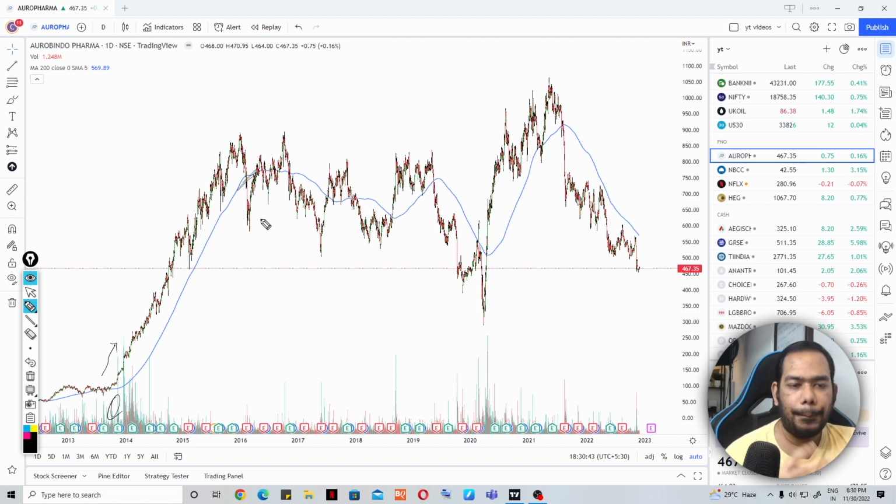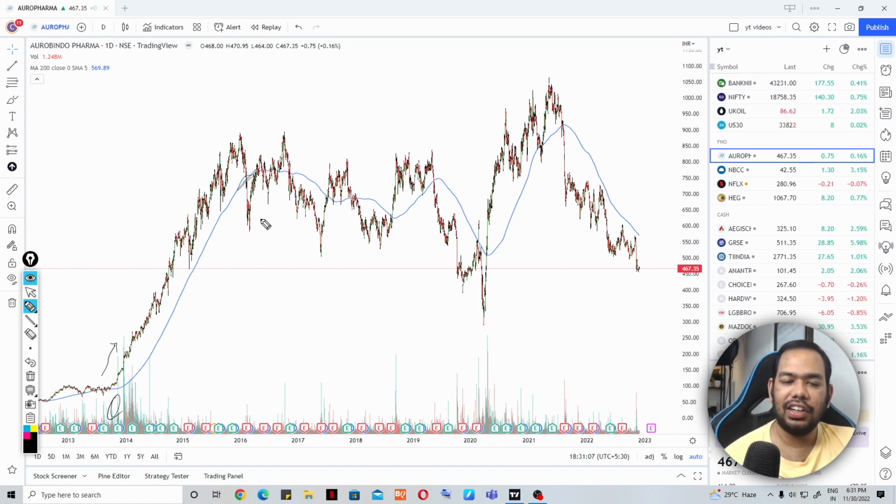Now, why am I saying bigger parties? Because big players in the market are not here to trade for a single day or to trade for 5 to 10 days. Their volumes are so huge. If they want to trade for such a short duration, they will end up emptying their account just in the form of slippage or the charges.